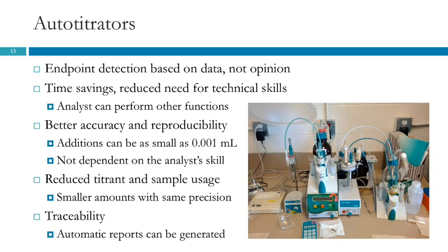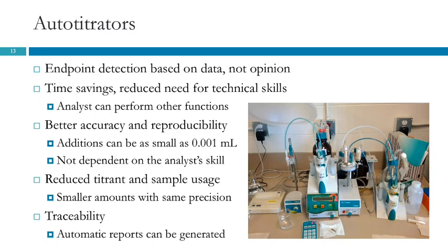You get better accuracy and reproducibility. Using a regular glass burette, you're adding a drop, which is 0.05 milliliters. And if you're good, you can maybe get half a drop and rinse it down the side. But some of these instruments can make additions as small as 0.001 milliliters. So that's what, 10 microliters? That's pretty small.